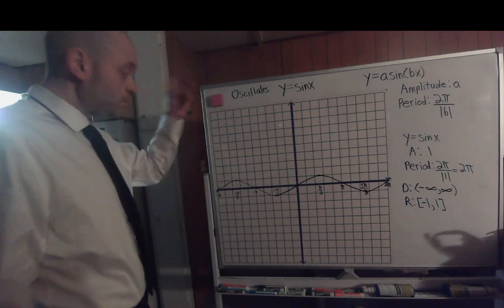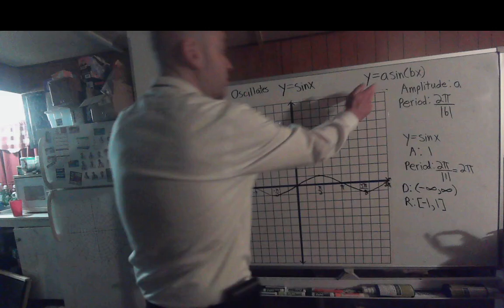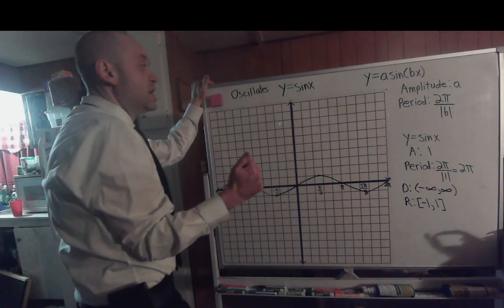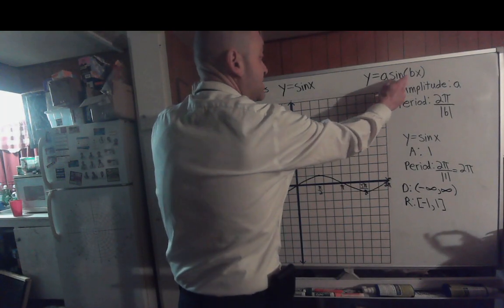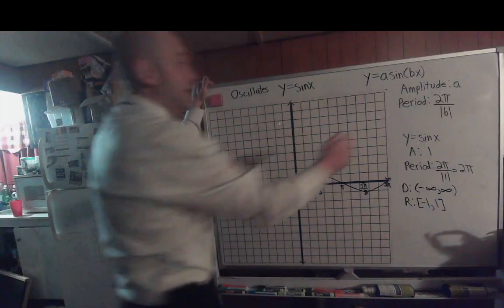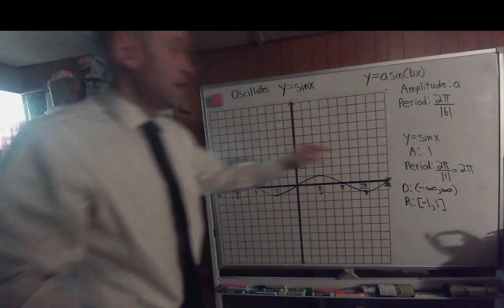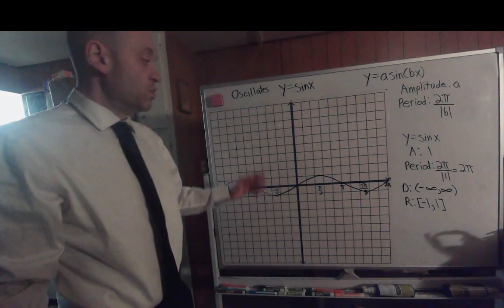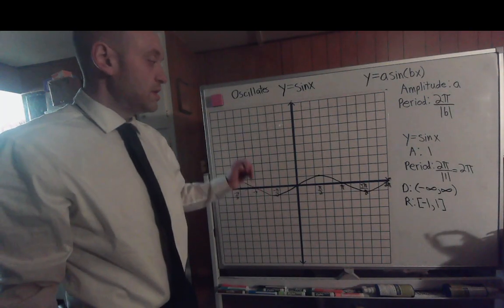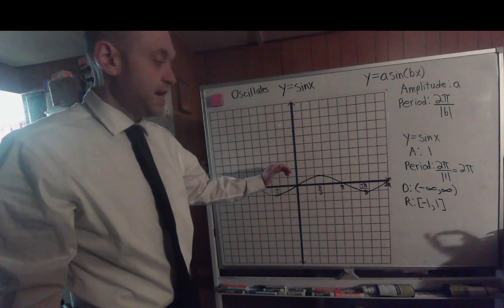Now, it's important to note then, in general, for the sine function, you'll have y equals the form of a sine of bx. That a is your amplitude. So when you have y equals sine of x, your a is 1, which means it's going to multiply the numbers of your range.